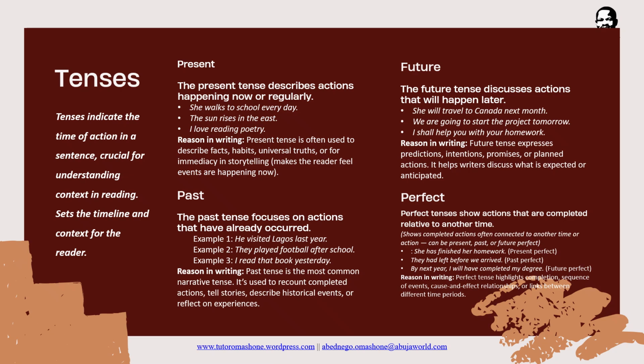Then we arrived, which also happened in the past, but one of these actions happened before the other. In this case, them leaving was what happened before we arrived. So when you want to mention the act of them leaving before our arrival, we say they had left before we arrived. In this case, you have an example of past perfect, right?